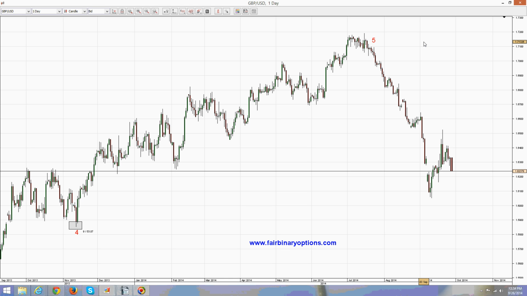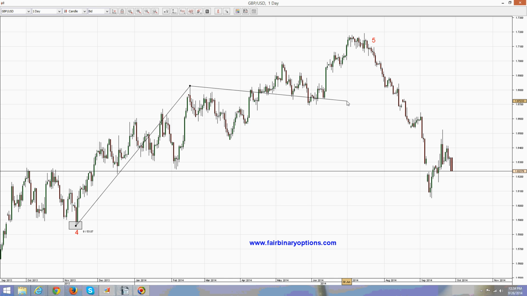We need overlapping within the second and the fourth wave, and the impulsive move goes like this. Starts from here again, and we have the first wave to the upside. As you can see, this is no impulsive move, it is only a corrective wave. So all these highs that the market made, 168, 170, 171, were actually being made in a corrective fashion.